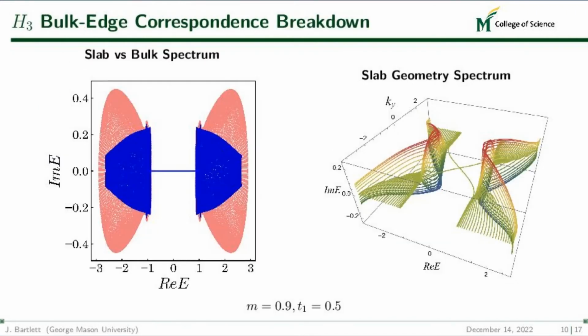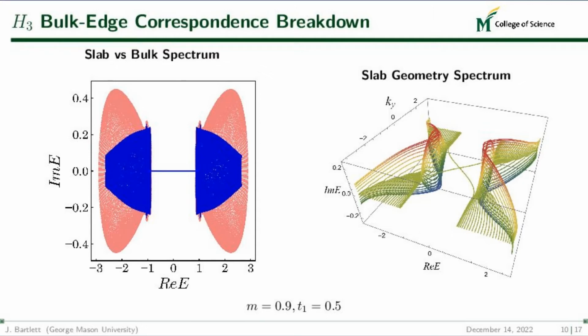So if I go back a slide, when we say continuum bands, what we mean, if you look at the slab geometry spectrum on the right, are the two bands minus the edge states in the middle. So it's just the two structures on the left and the right, not including the edge states traversing through the gap.